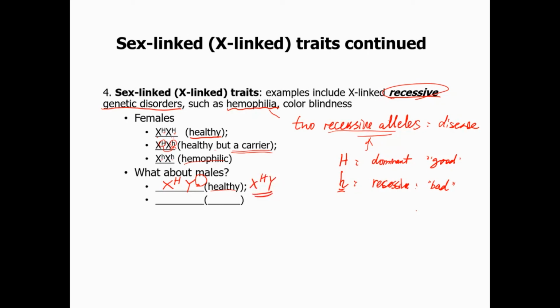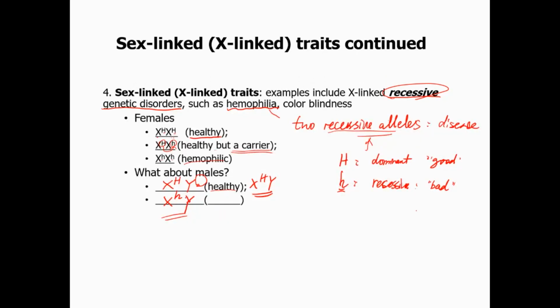All right, so what's the other possible genotype? What else can you think of? X, because the gene is only carried by X, right? So you just only need to look at what allele the X chromosome can carry. So that's going to be little h, right? That's the second possibility. And again, keep the Y clean, nothing. So if a male has this genotype, is the male healthy or is he hemophilic?